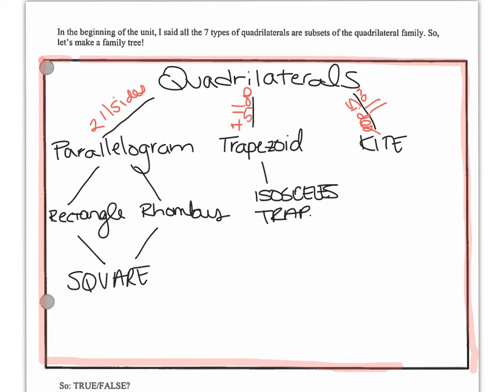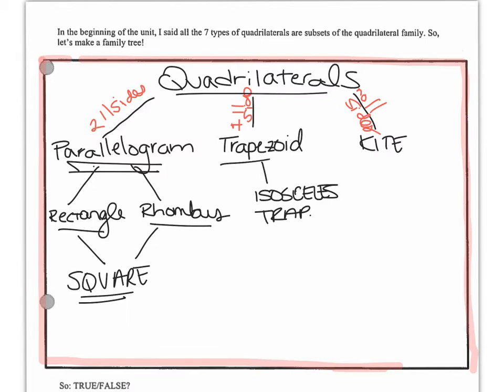So the purpose of this quadrilateral family is, families aren't perfect, clearly, but it's also supposed to help you figure out the properties within quadrilaterals. All the properties a square has, squares have properties of a rhombus, a rectangle, a parallelogram, and a quadrilateral. A parallelogram only has properties of a parallelogram.